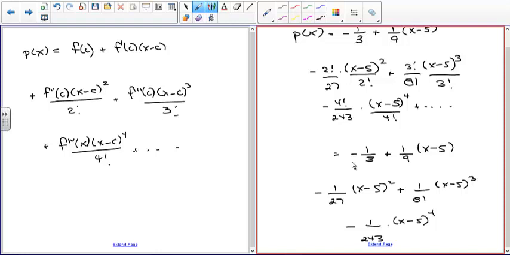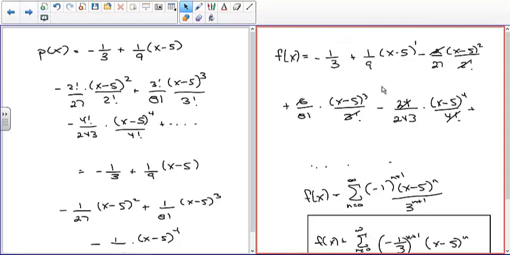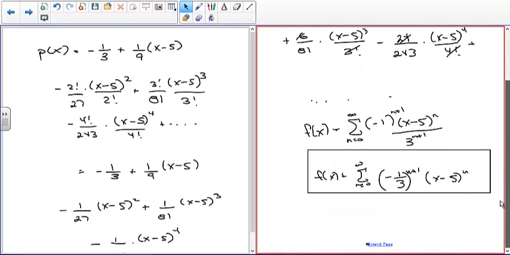So you can use a little bit of inductive reasoning here, and ultimately what you come up with as the expression for the series is that the value of the function, if you take an infinite number of terms, is equal to the summation from n equals 0 to infinity of negative 1/3 raised to the n plus 1 power times x minus 5 to the n.